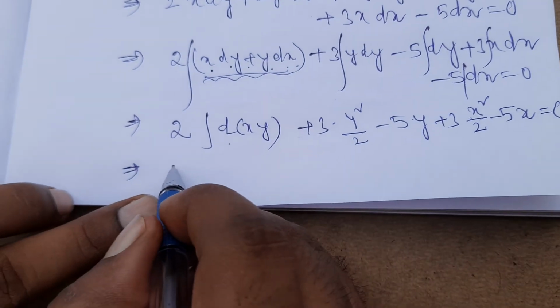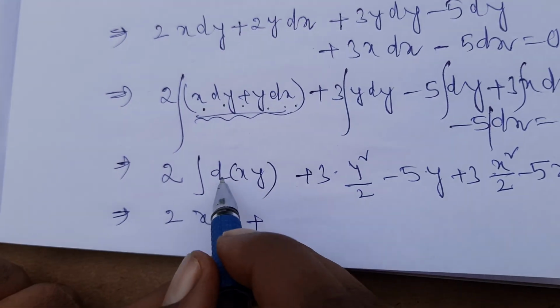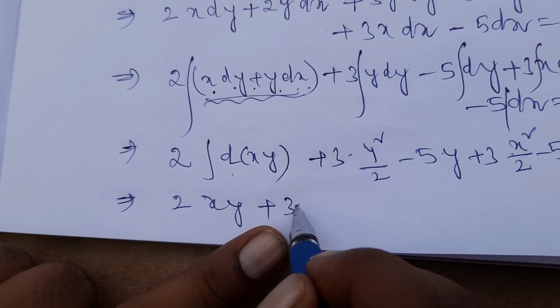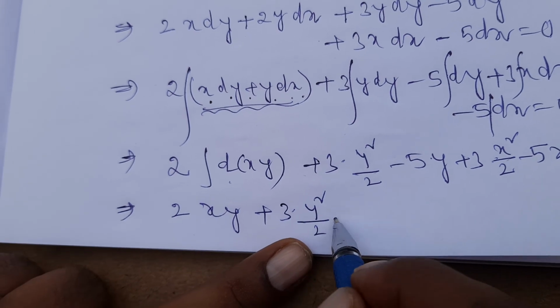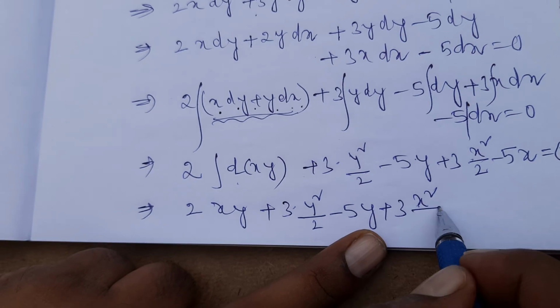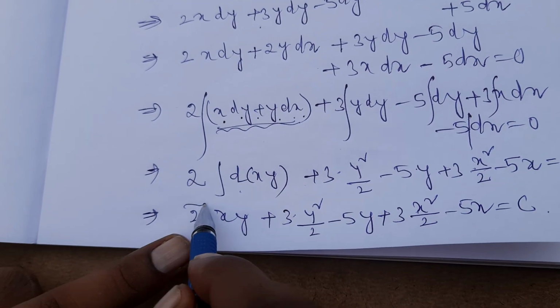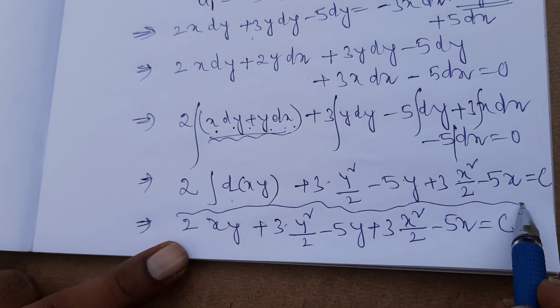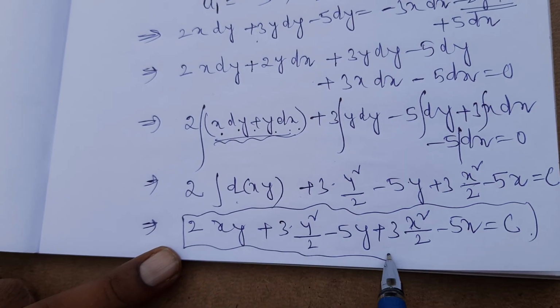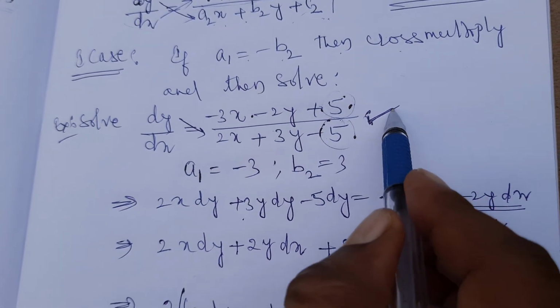So 2xy plus 3 into y square by 2 minus 5y plus 3 into x square by 2 minus 5x is equal to a constant. Directly, this is the general solution for the given non-homogeneous differential equation.